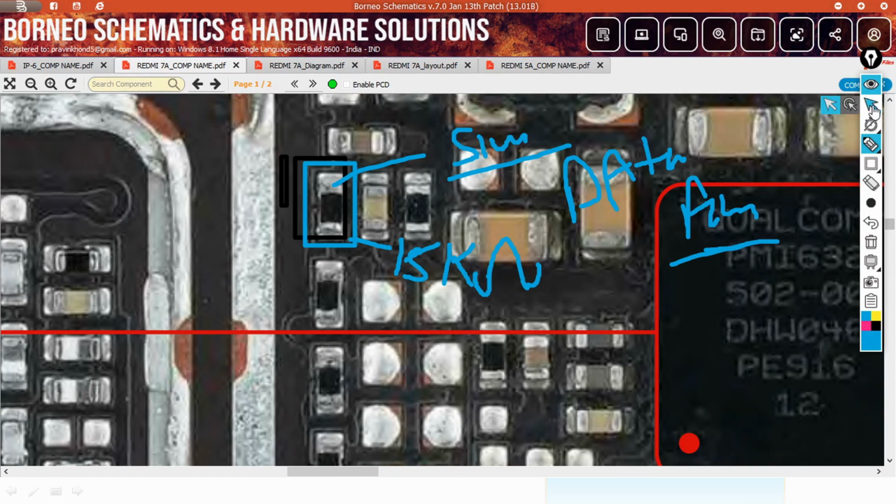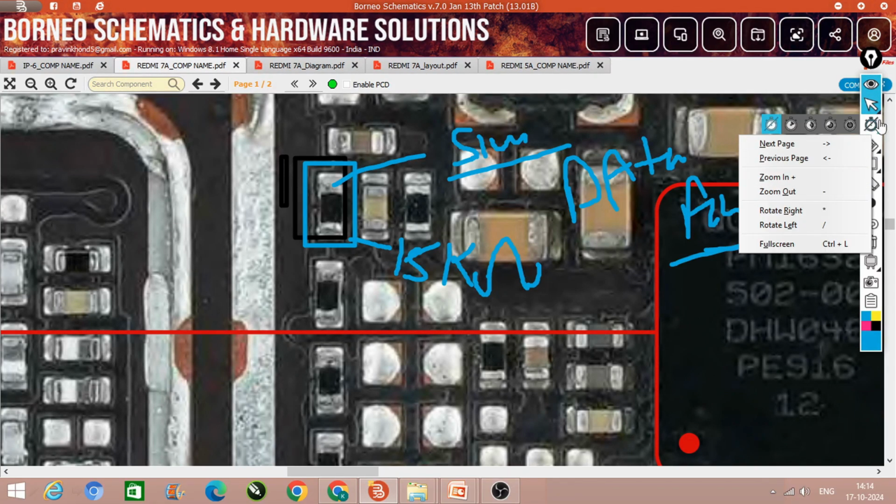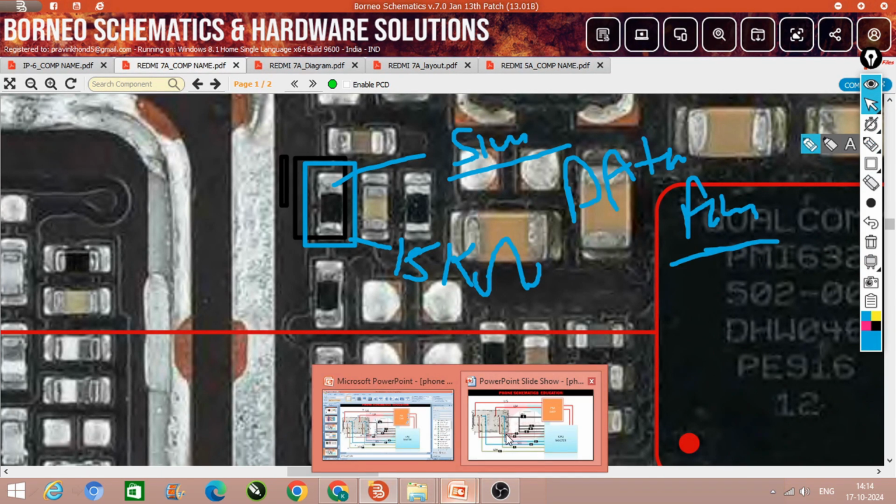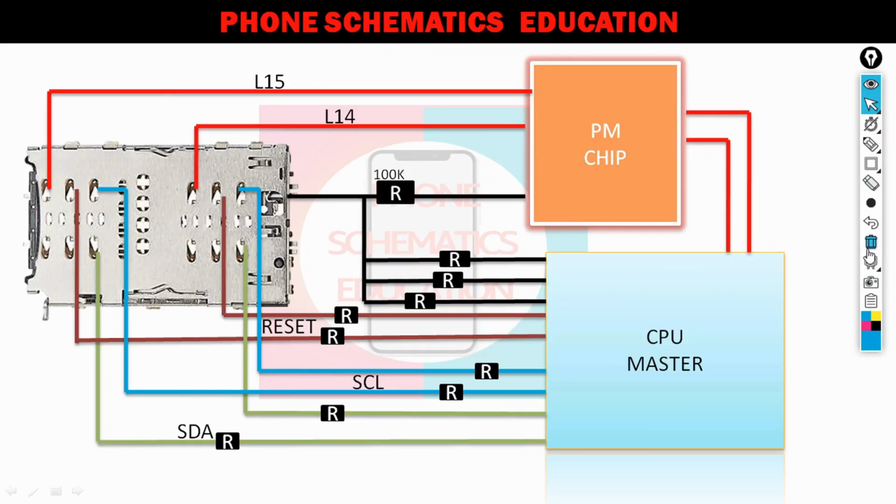Now get back to the diagram and I will give you a last brief. First clear thing, now I'll give you again a full detail. When you insert the SIM, first the detection pin activates. How? I already told you there are two types of switch, switch 1 and switch 2, logic high to logic low, logic low to logic high.